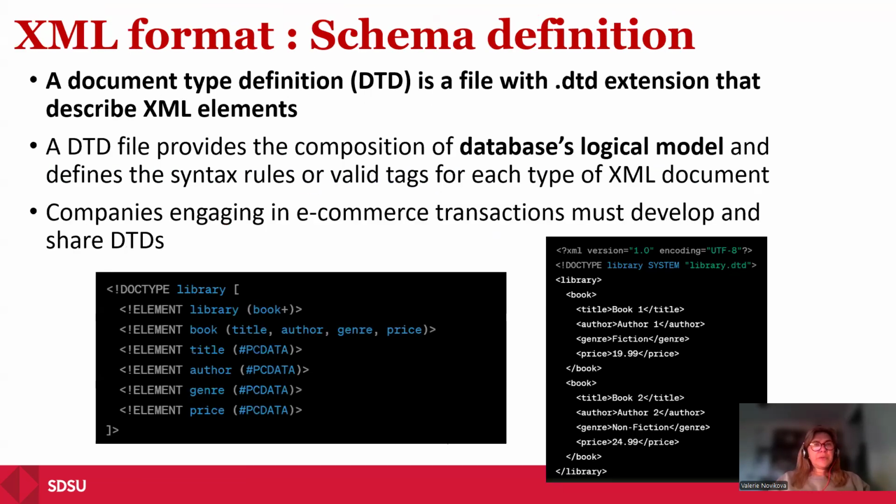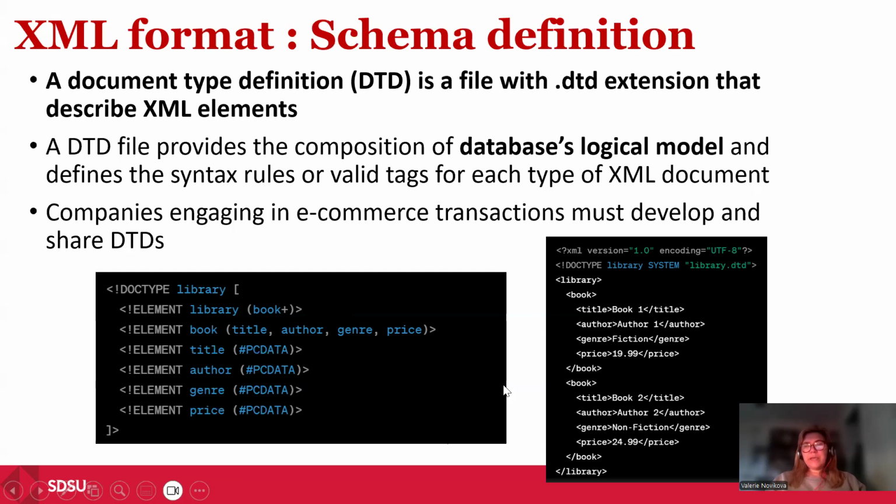So when it comes to XML, there are two types of document. It's DTD that describes the schema, and then it's the actual XML document. So here you can see a DTD example that explains what exact data will be stored in a specific XML document.